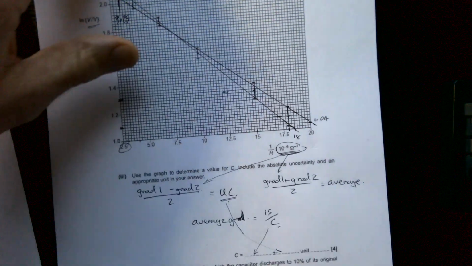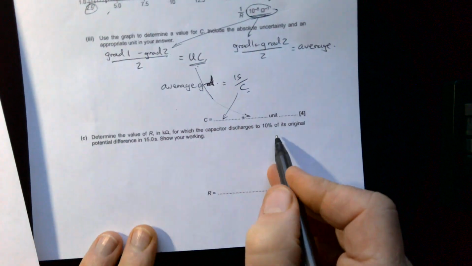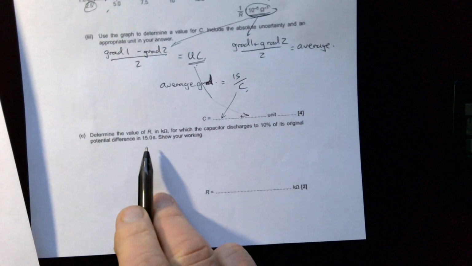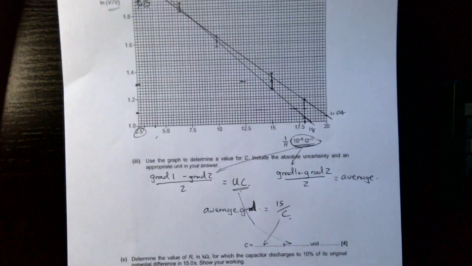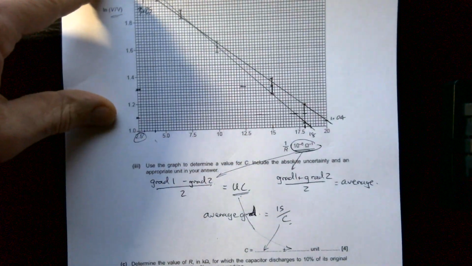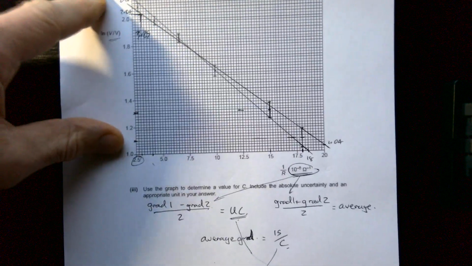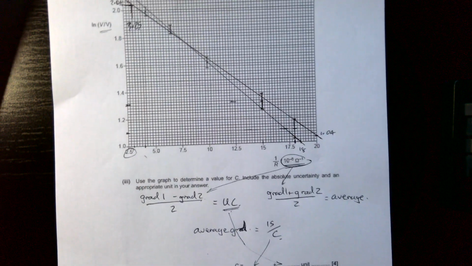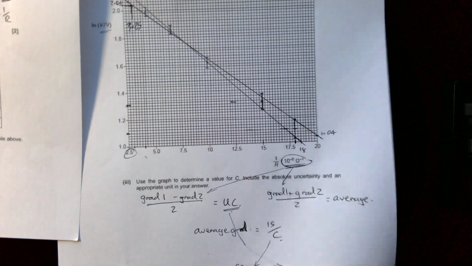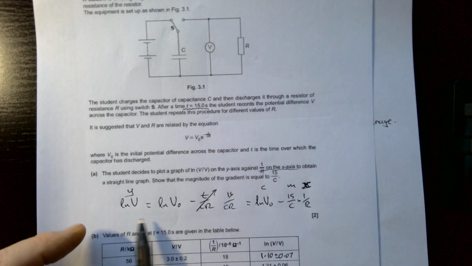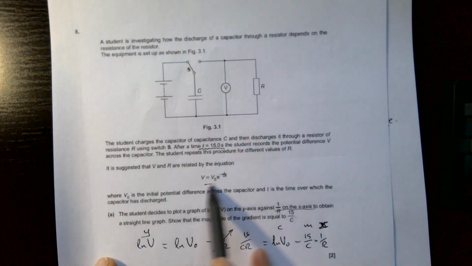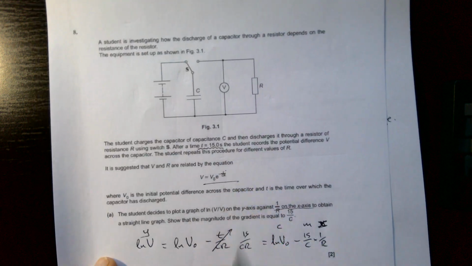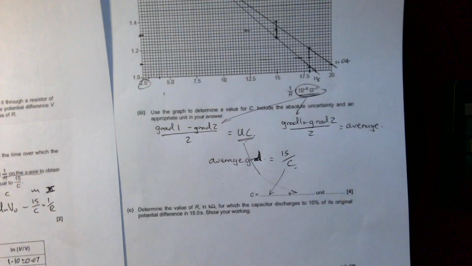The last part of it, find the value of R in kilohertz for which the capacitor discharges to 10% of its original value. Well, you can't take it off here because you've got that problem. It's a log scale, so it's not going to be 10% of that value. You're going to have to just substitute it back into your original equation. So again, don't forget you got 15, because it was 15 seconds.